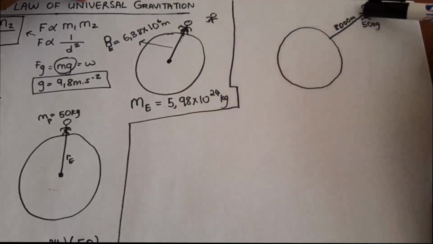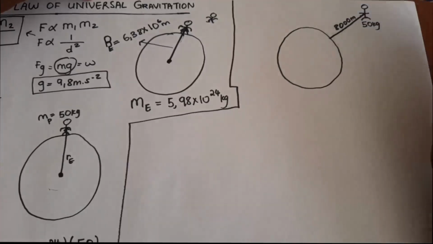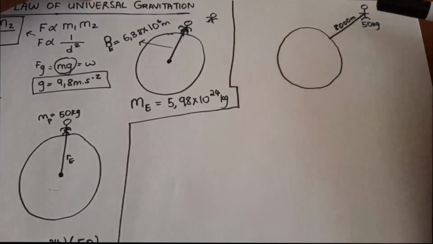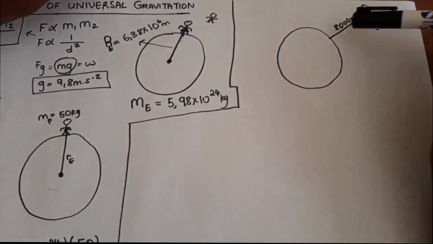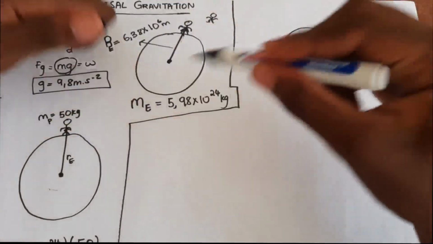My fundamental point is that you should know that the earth is pulling this object towards itself. So right now, you know that the distance from the earth's surface to the person in space is 8,000 meters. So let's calculate.